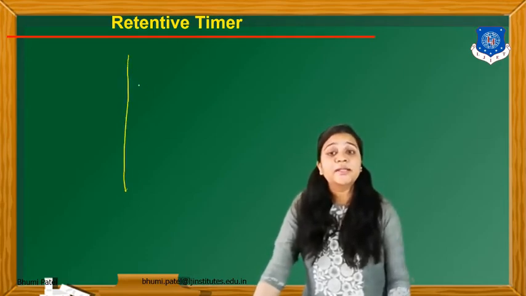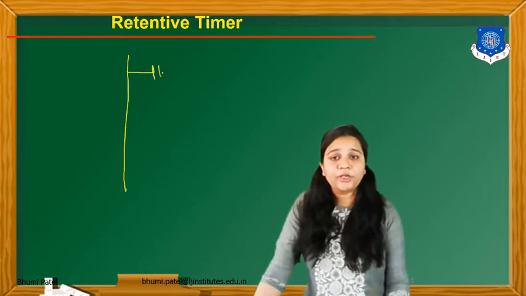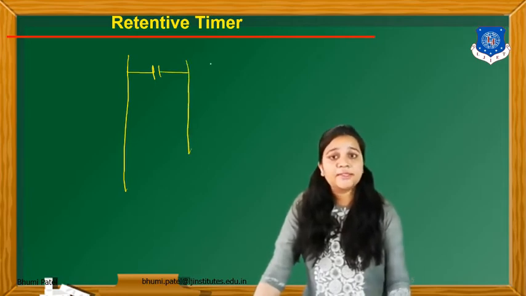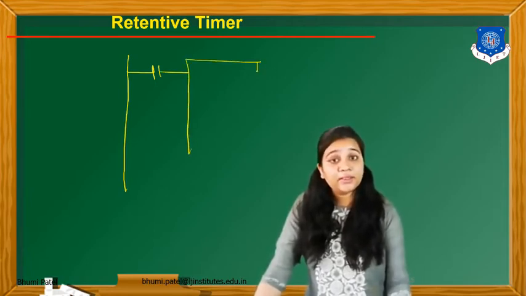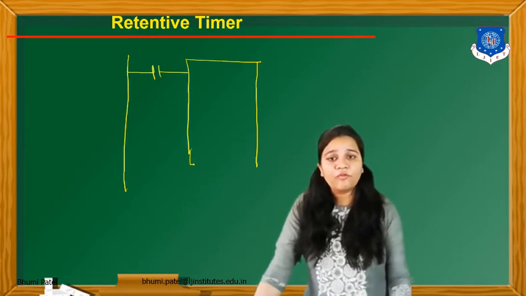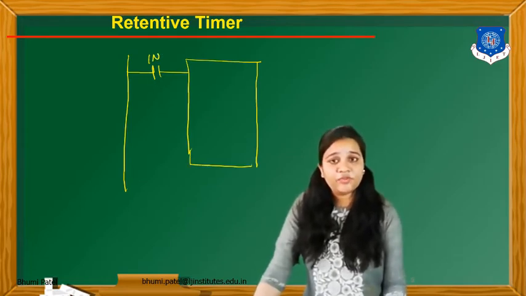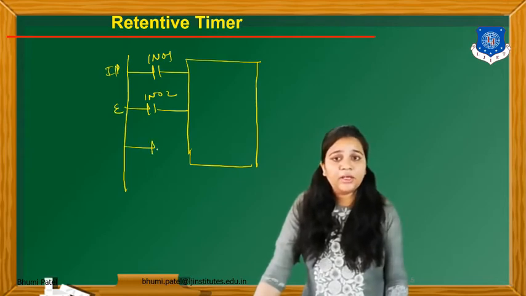Now the next timing diagram for the ladder diagram in the retentive timer is where we connect the enable or reset separately for this particular logic. For that, we can simply connect 3 inputs for this block format. The first input is for the input pin or the input switch. The second input is for the enable, and the third input is for the reset.